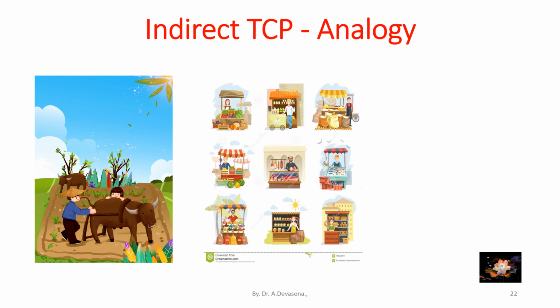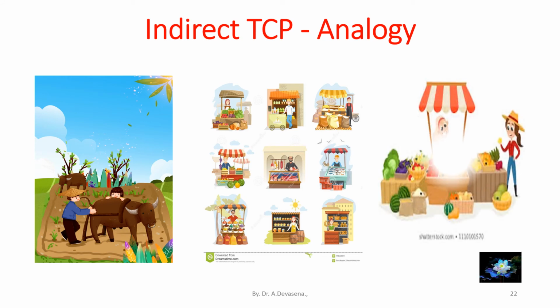Now, the farmer is giving the manufactured food crops to the merchant. Now, the consumers are buying the manufactured food or other materials from the merchant. How are we going to relate this scenario with the topic, indirect TCP? Let us discuss.